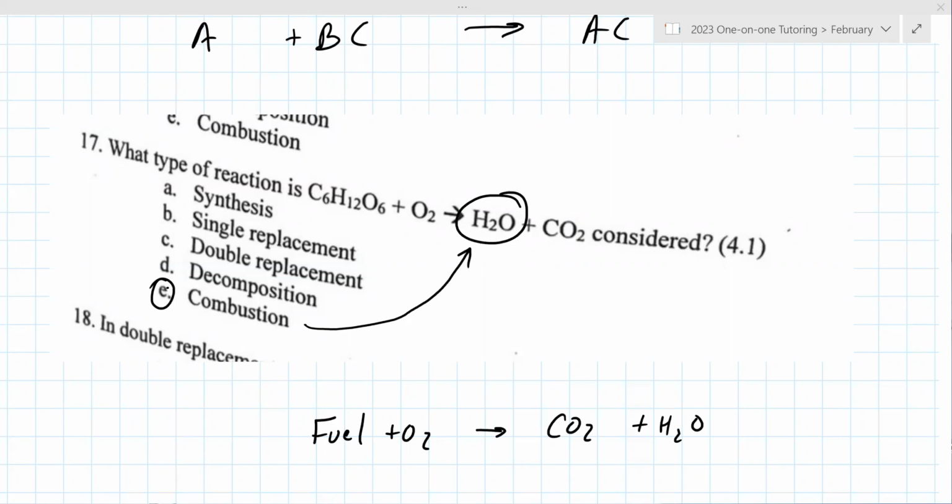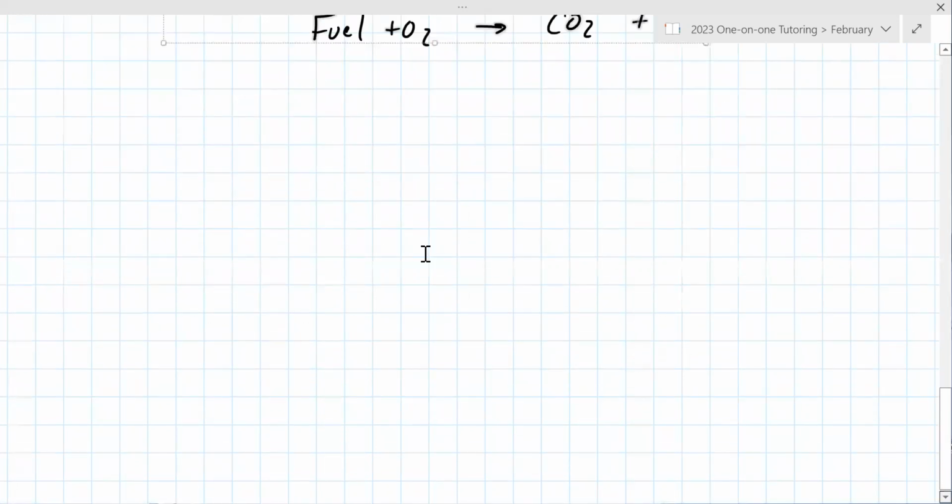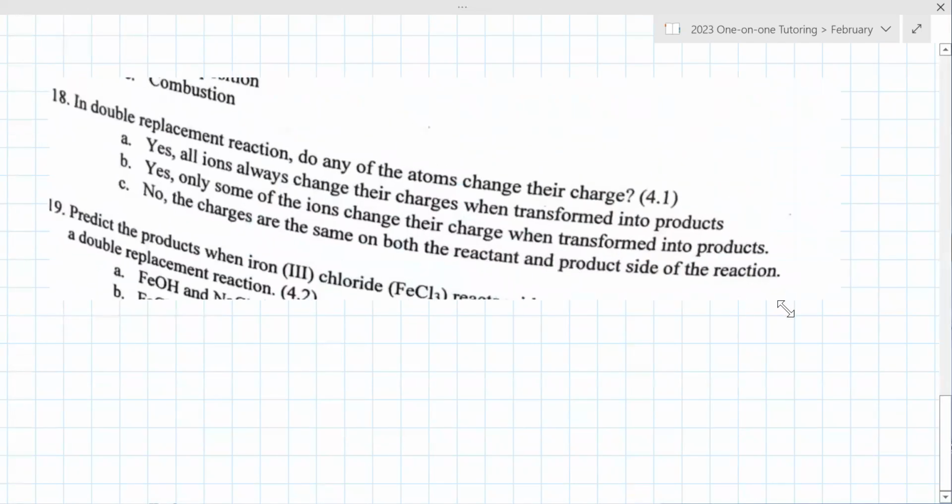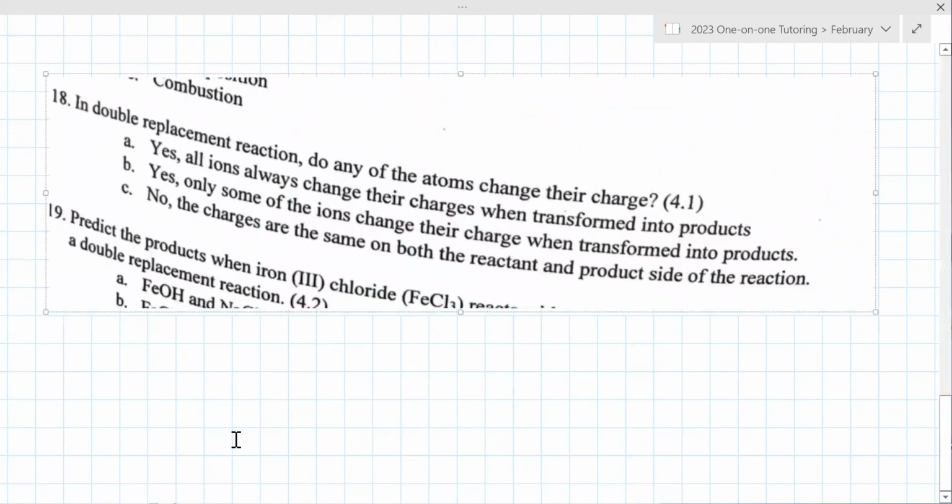18. This one made no sense. This one's a definition problem that I didn't really know. I guess we'd want to look at a double reaction to know whether they do or don't. Do any of the atoms change their charge? I would have no way to know this without looking in the textbook.